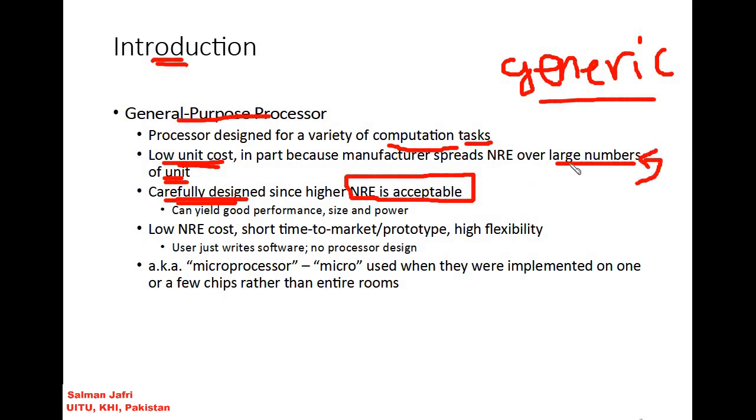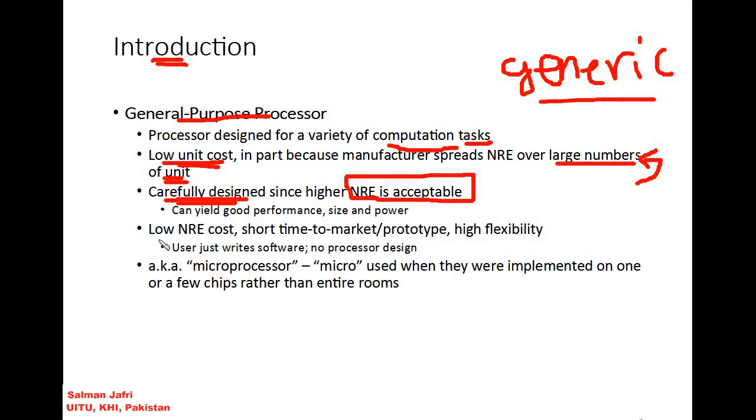We can have the highest NRE that we want, but we won't worry about the unit cost because we are going to be dividing that high NRE by the large number of units. So as a result, it would result in a low unit cost. And higher NRE is acceptable because we want the best product to have great performance, smallest size and smallest power consumption.